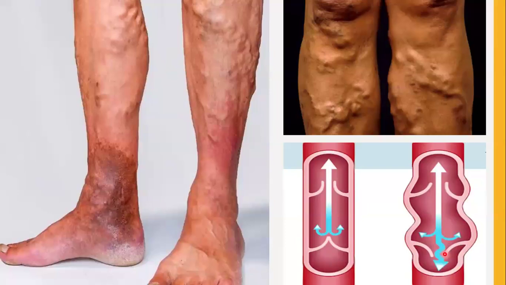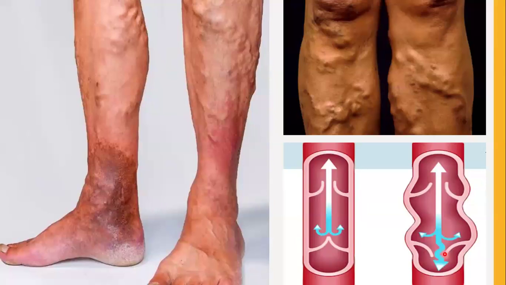The more segments that become dilated and tortuous, the more valves will also fail. Because as the vein expands, the valve around that region will start to fail. And when that valve fails, it allows expansion of the distal segments.